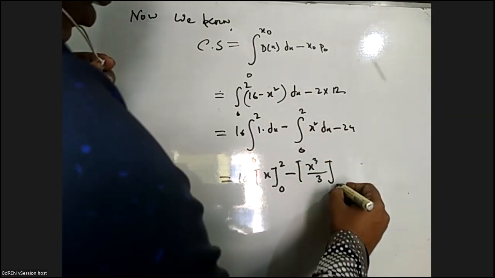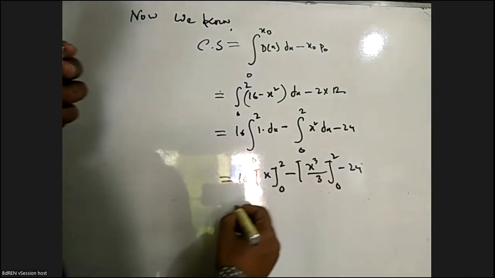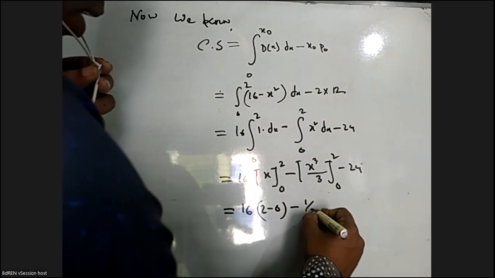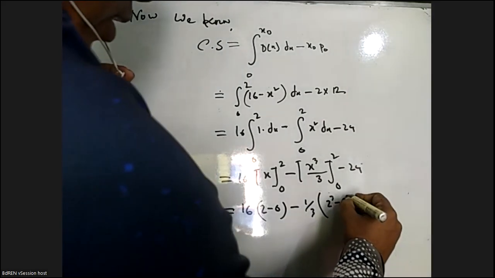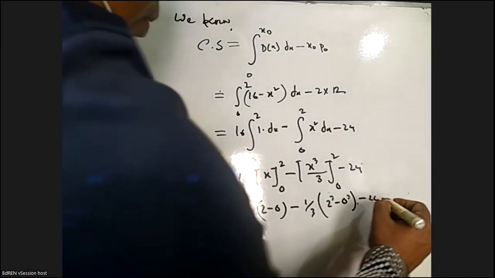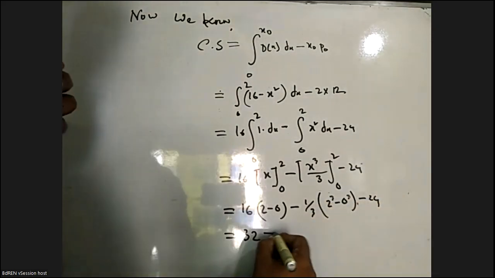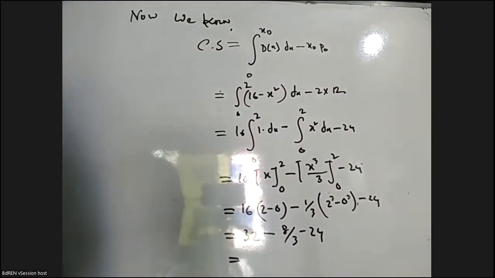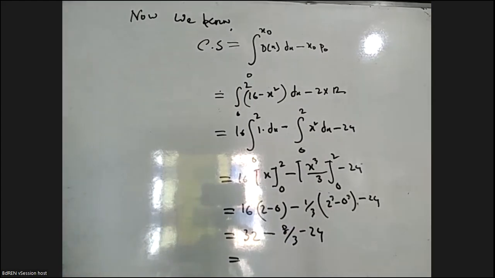So x cube by 3 from 0 to 2, minus 24. 16 x from 2 minus 0, minus 1 by 3 times 2 cube minus 0 cube, minus 24. This equals 32 minus 8 by 3 minus 24. 32 minus 24 will be 8.